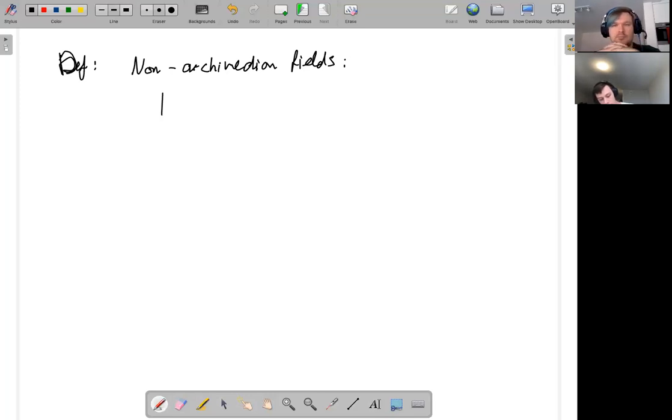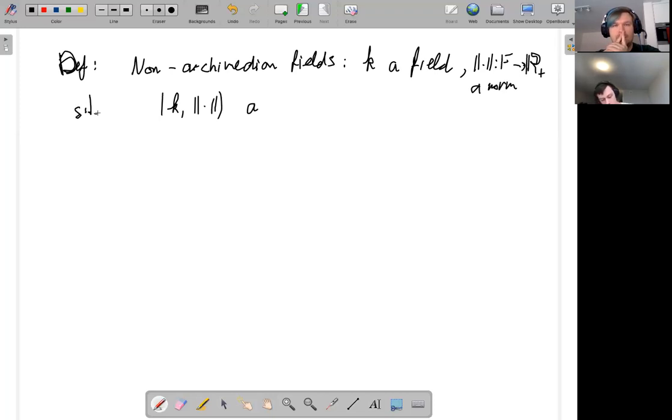This is just a pair of a field with a norm, such that this, sorry for my unorganized way of writing, is a Banach ring, and the absolute value is non-Archimedean.